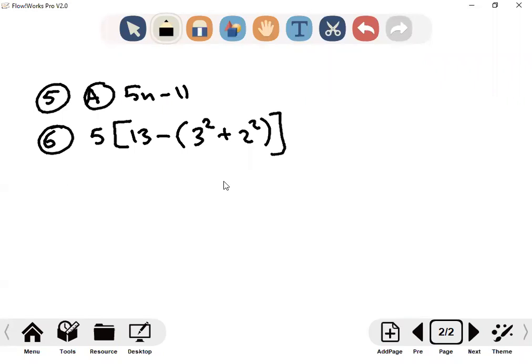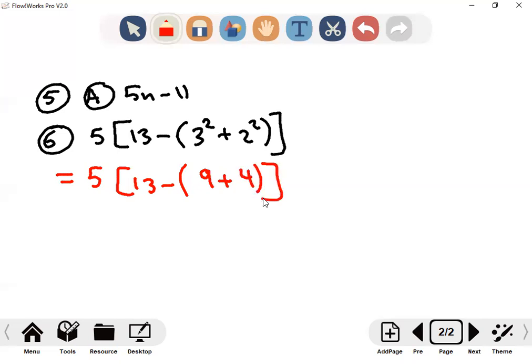We'll go to the inner one first. Here we have exponents and addition. What do we do first? We do the exponent. So this is equal to 5 with 13 minus 3 to the power 2, which is 9, plus 2 to the power 2, which is 4.